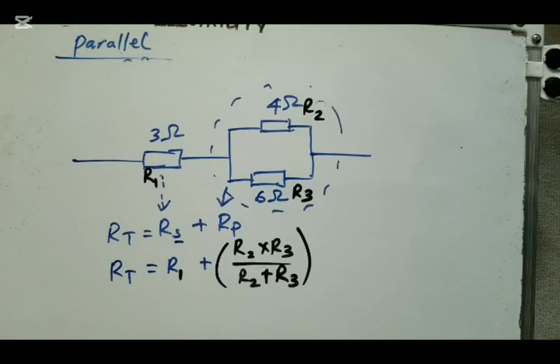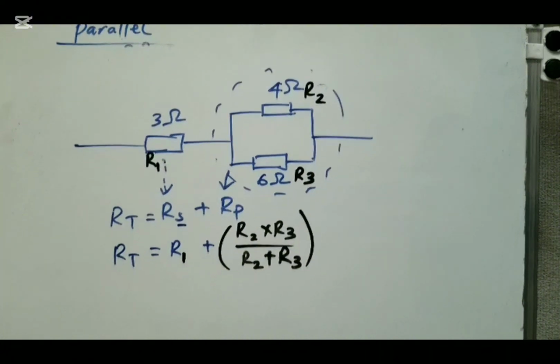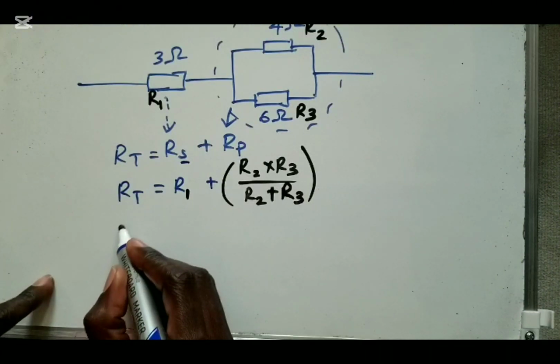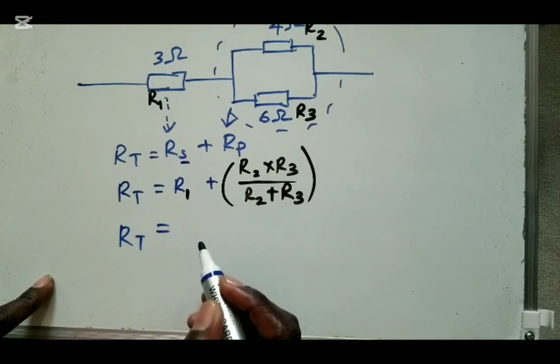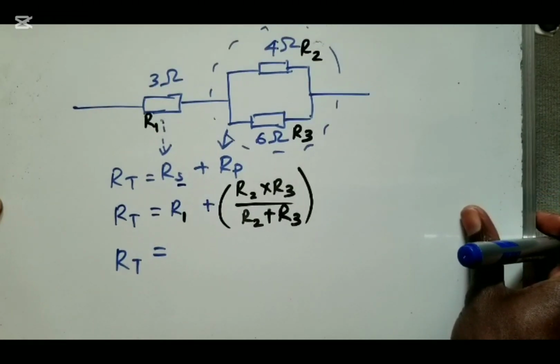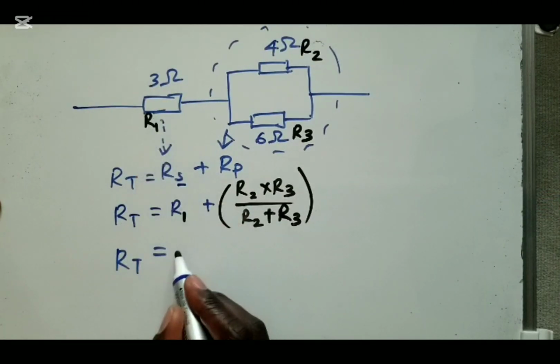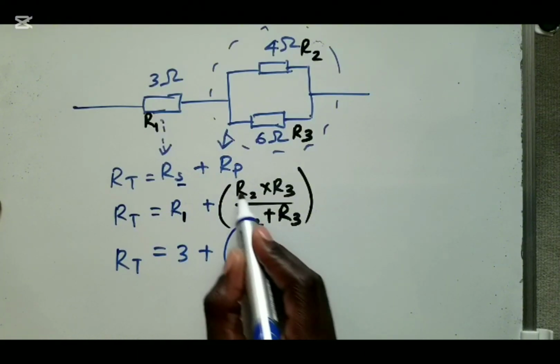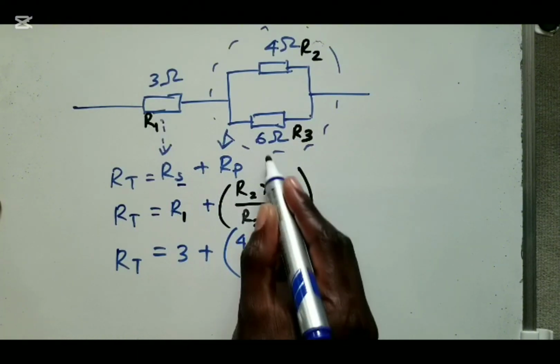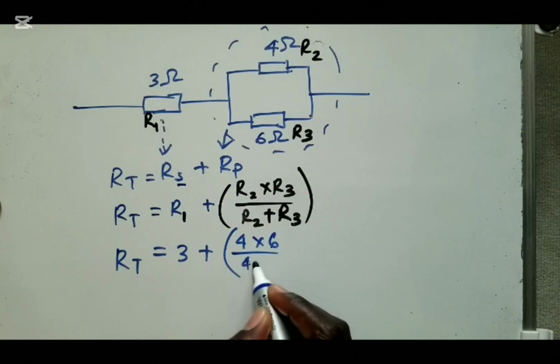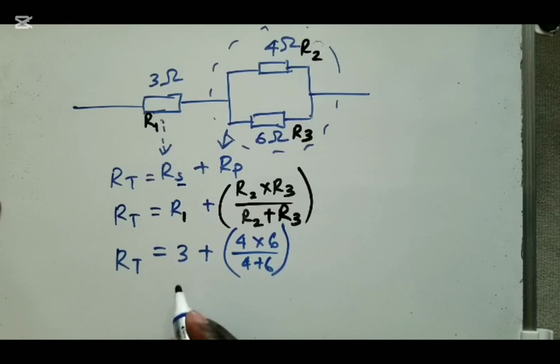So how can we work this out? R total is equal to R1, which is 3, plus 4 multiplied by 6 over 4 plus 6. I hope you are getting me.